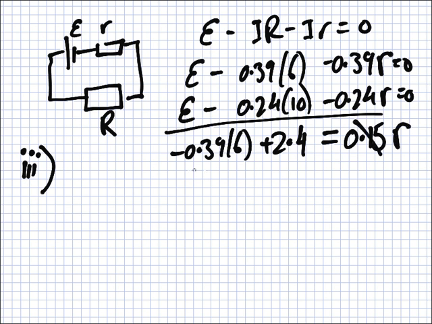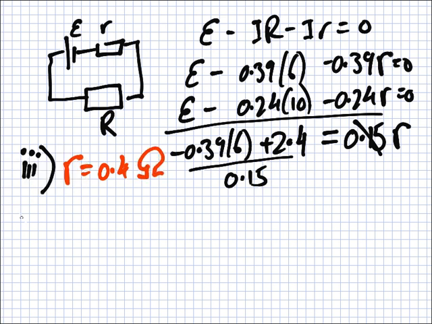So what is that number there, please? 0.39 times 6 plus 2.4 over 0.15. Should be 0.4. Mike, can you type that in just to confirm that I did it right? 0.4 ohms. Is that what you got? Yeah.